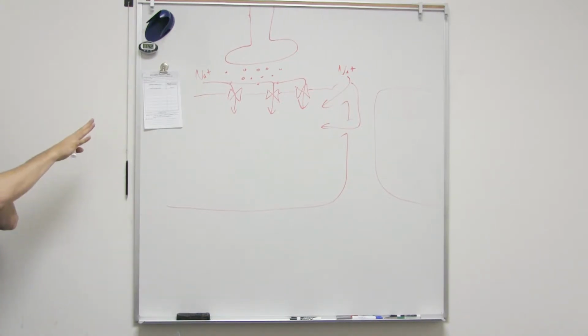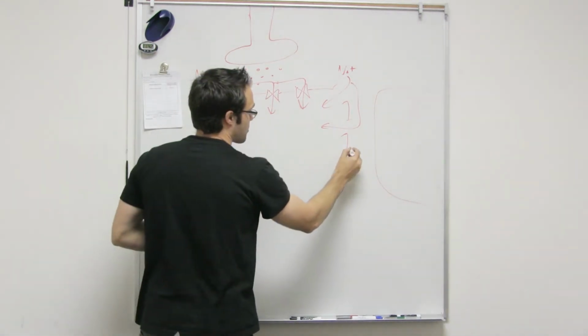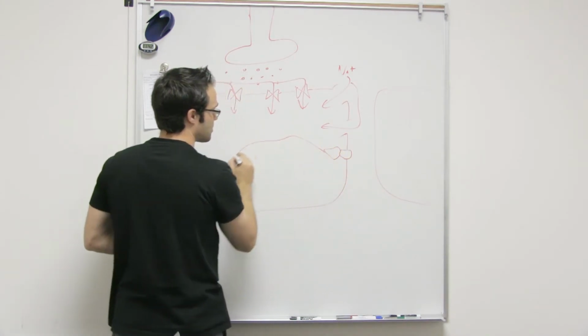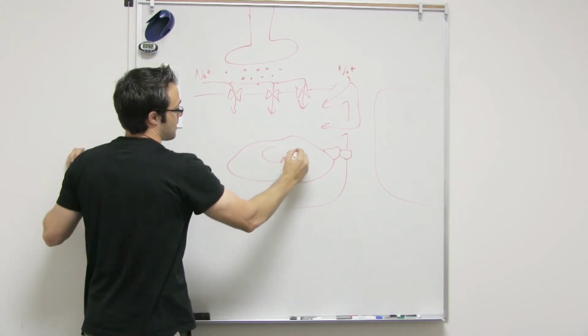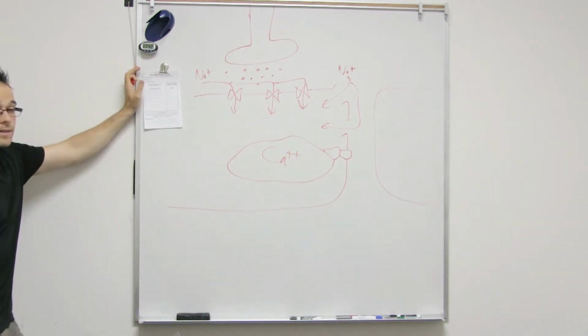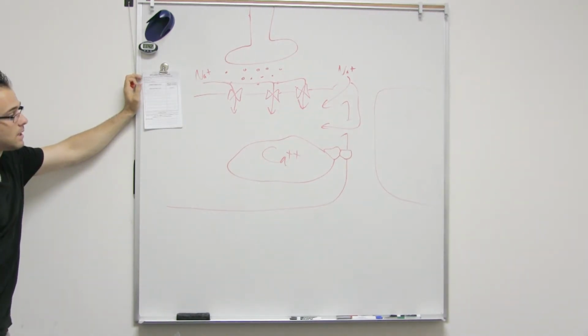So the whole goal of this process is to get calcium into the cell, right? So we have a couple gates right here, attached to the sarcoplasmic reticulum. And this thing has lots of calcium inside. We want calcium to be released because that lets us contract our muscles, right?